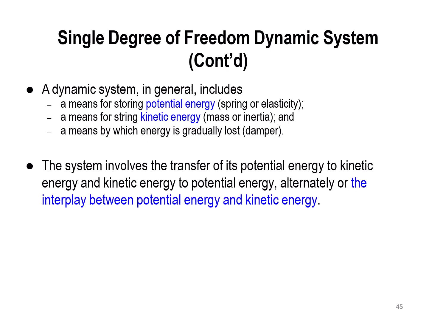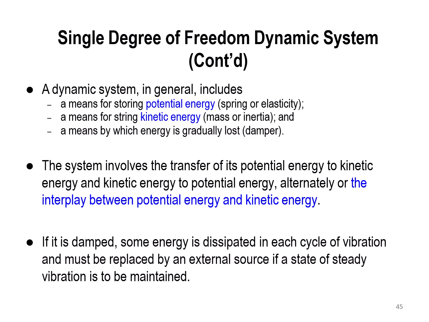The system involves the transfer of its potential energy to kinetic energy and kinetic energy to potential energy, alternately, or simply the interplay between the potential energy and the kinetic energy. If it's damped, some of the energy is going to be dissipated in each cycle of vibration and must be replaced by an external source if a state of steady vibration is to be maintained.